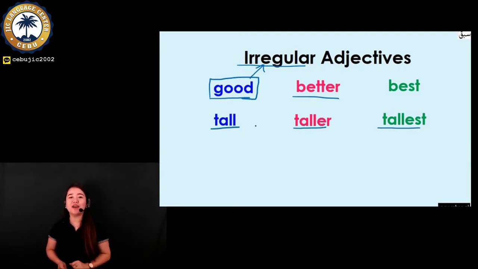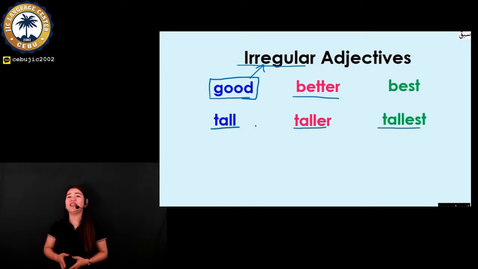Very good. For our regular adjectives, we have tall, taller, and tallest. In the comparative, we just add -er to make it taller, and in the superlative, we just add -est to make it tallest.